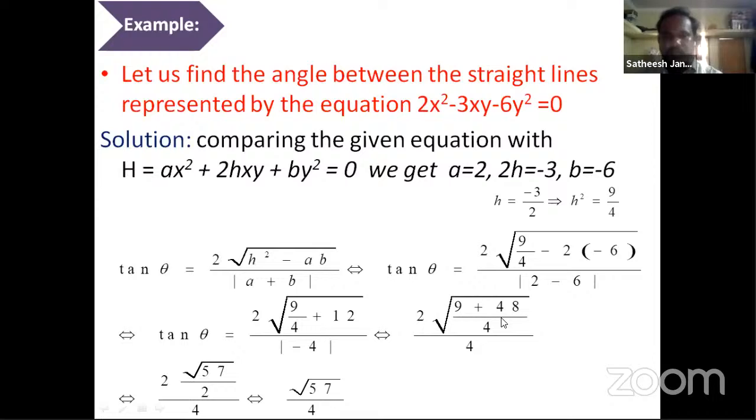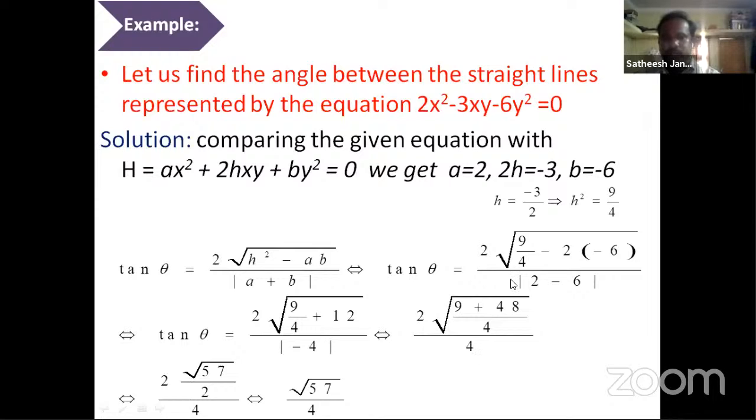That implies tan theta is equal to 2 into the square root of 9 by 4, where minus into minus is plus, 2 into 6, 12, by in the denominator 2 minus 6. What is the value of 2 minus 6? That is minus 4. Taking the modulus of minus 4, we get only 4.